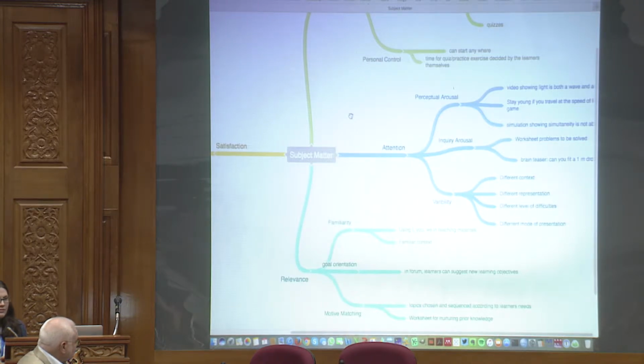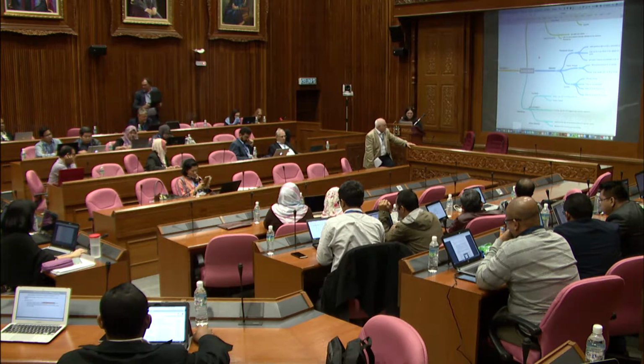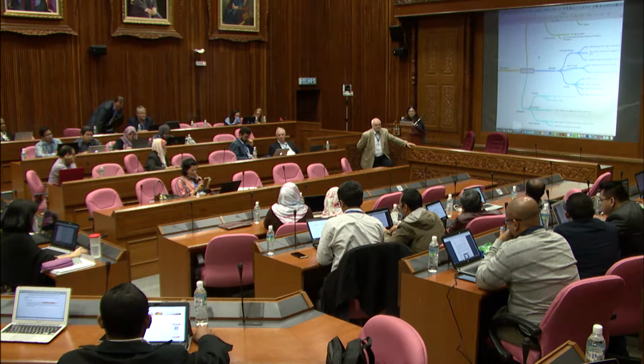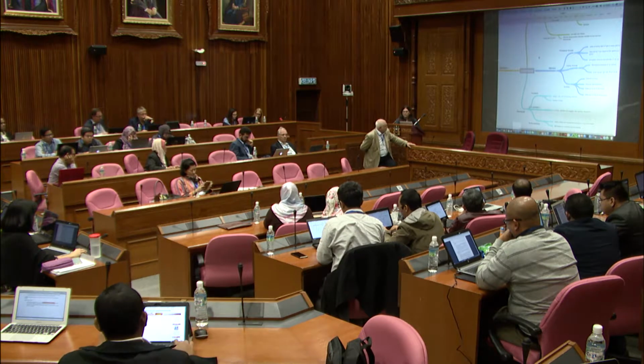Goal orientation: in the forum, I ask learners to suggest new learning objectives so that it matches what they need. And then motive matching: topics are chosen and sequenced according to learners' needs, because sometimes what I thought is best for the students is actually not what they really need. So it's up to them.